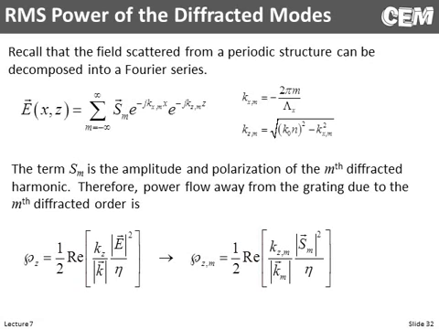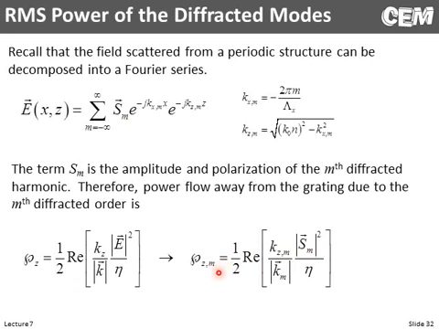So we had a field that was periodic, and we decomposed it into a Fourier series. And we set the amplitude of that wave to be capital S sub m, where m is the order of the diffraction, right? So if this is the amplitude, we could just put that in place of the E, because it's still an amplitude term.